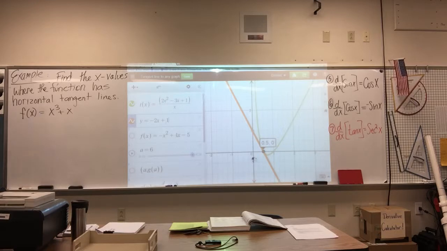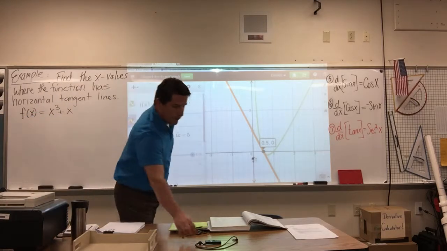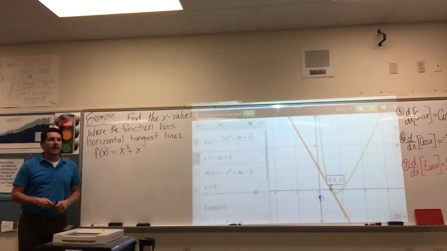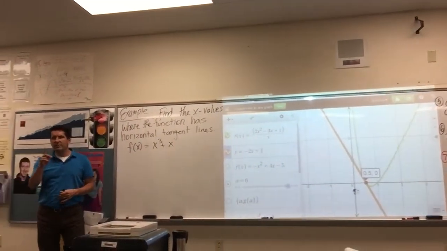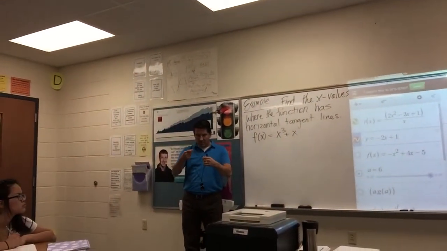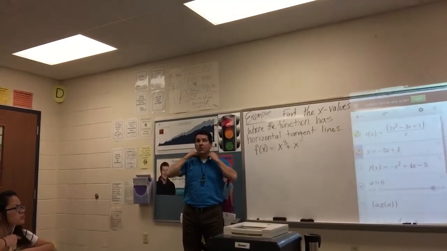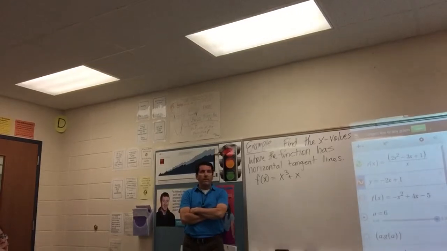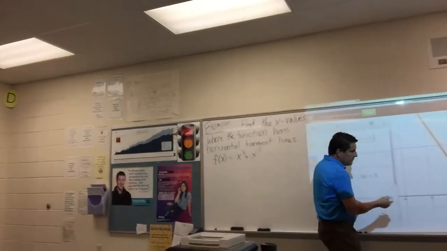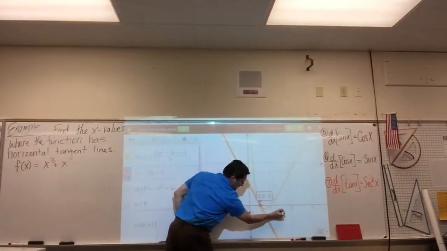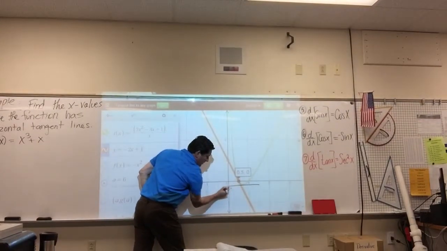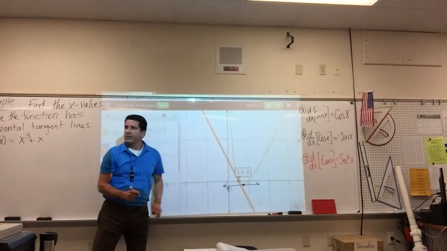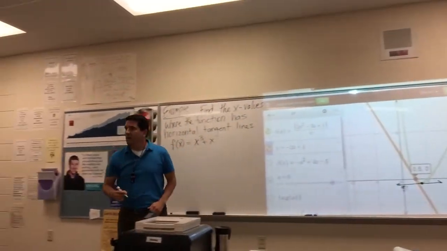Okay, so stop and think. Where would this function, x cubed plus x, have horizontal tangent lines? Stop and think. Horizontal tangent lines. For example, here, the green graph has a horizontal tangent line right at whatever this x value is. That's an example of a horizontal tangent line.